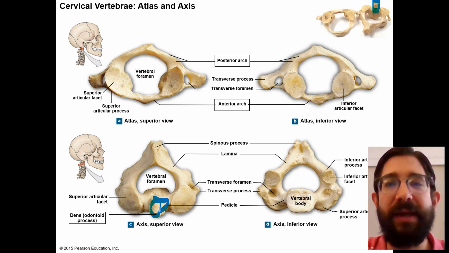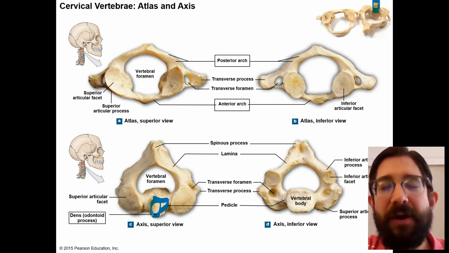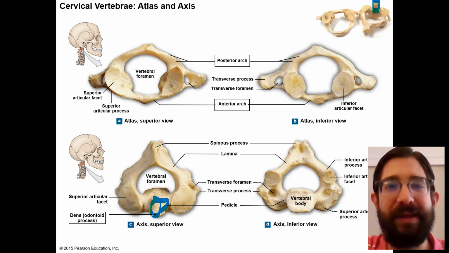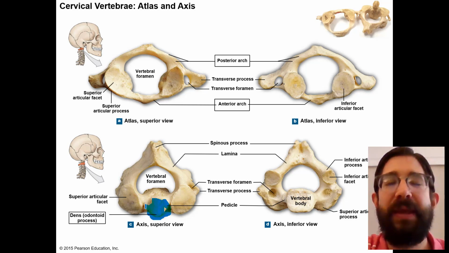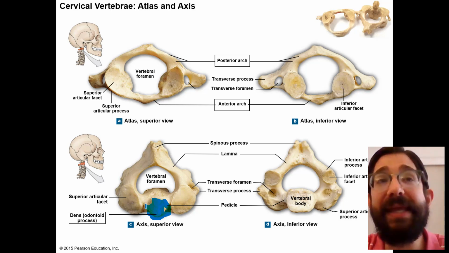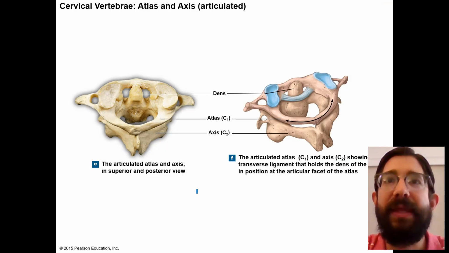And odont is like orthodontist. It means tooth again. So whatever you want to call it, dens or the odontoid process, it's like a tooth-shaped and tooth-sized chunk of bone sticking up out of the top of the axis, and it'll help you recognize that bone.